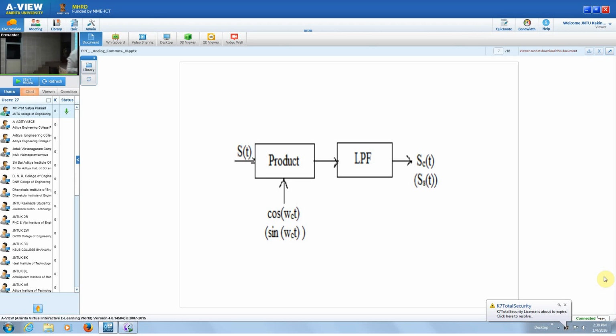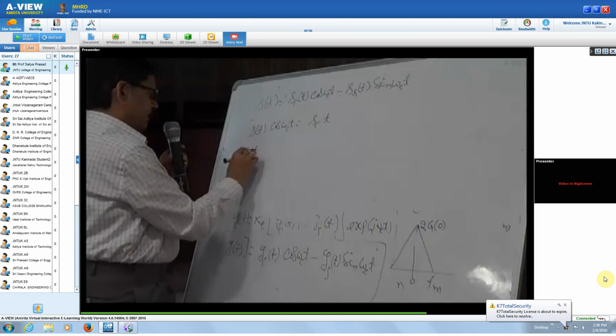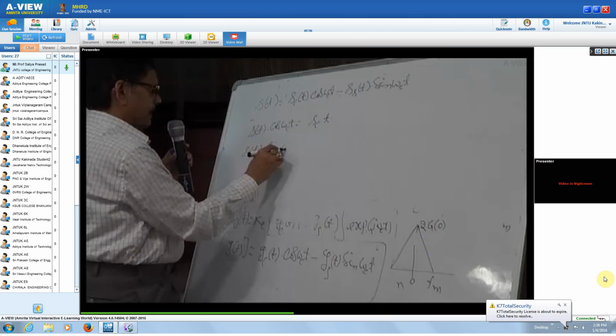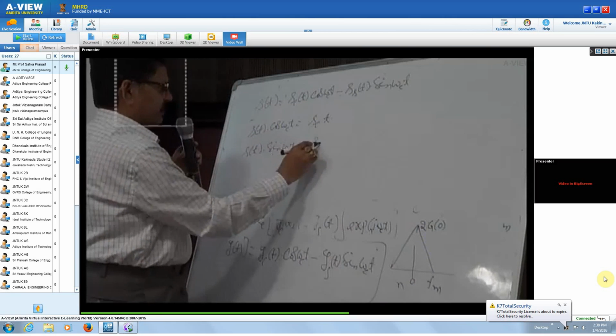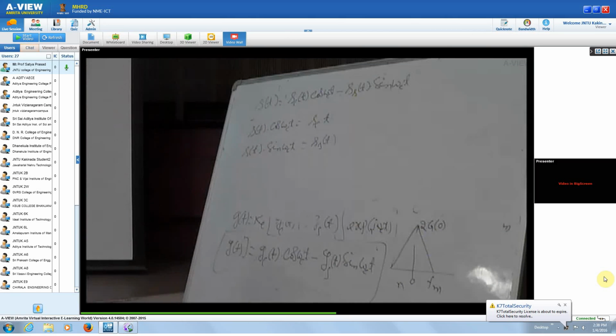That means with low pass filter, S of t cos omega ct gives Sc of t, and S of t sin omega ct gives you Ss of t, with half, okay, the scaling factor.